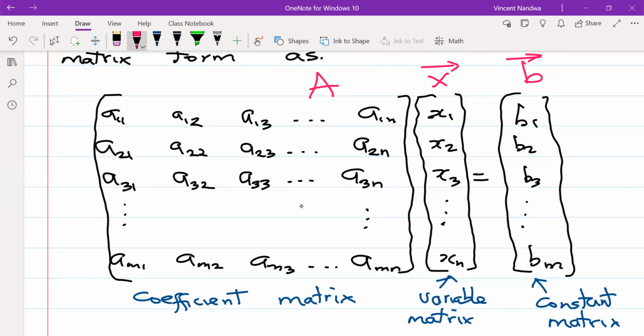So in matrix form, any system of linear equations can be written as AX equals to B, where A is the coefficients matrix, X is the variable matrix, and B is a constant matrix.